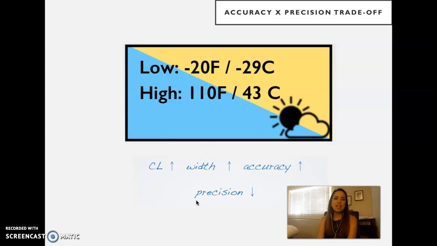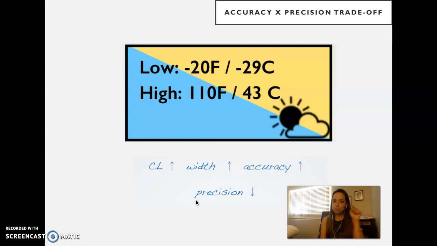We finished last video talking about the trade-off that we should try to get between accuracy and precision. We gave the example of a weather forecast that will tell us in the morning that today the temperature can be anywhere between -20 and 110 Fahrenheit, which is accurate.